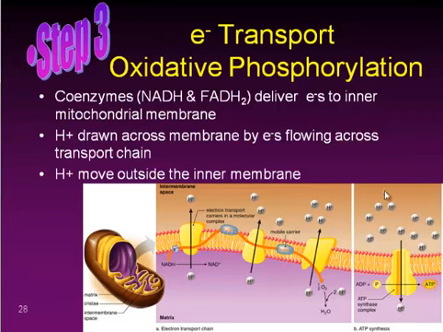We are going to force all of these protons onto one side using these NADHs and FADHs to transport electrons here into this membrane to force the protons across, build them up on one side, and then force them to flow back through this really special protein right here called ATP synthase. As they flow across, they actually create this motor which turns. And as it turns, it starts reattaching phosphates back onto ADPs, creating ATPs.